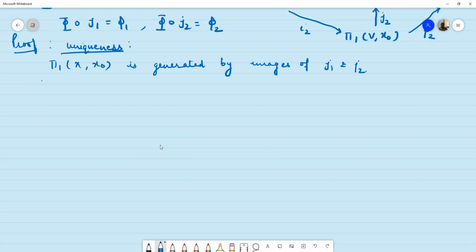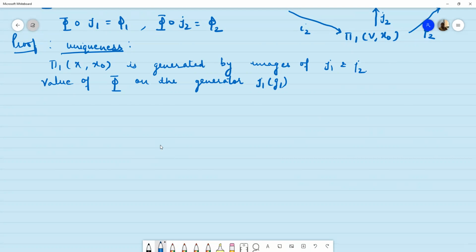Now the value of capital phi on the generator J1 G1. We know every element of this group is generated by images of J1 and J2. That means every element of this group can be written as a finite product of elements of the images of J1 and J2.